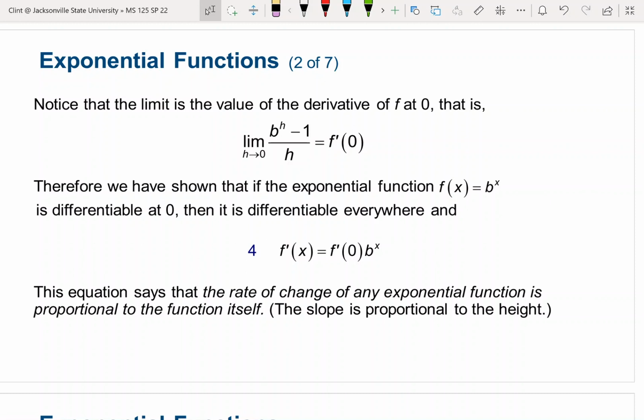It's going to be a multiple of itself that is whatever the value of its own derivative is at 0. And that's true for any exponential function. That's pretty weird that it works out that way.